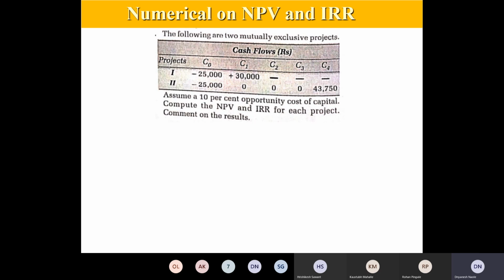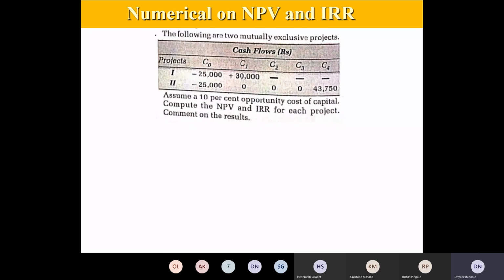So this is that problem involving IRR calculation. Okay, so you can try. If you face any issues in solving this, we can discuss it in the next classes.